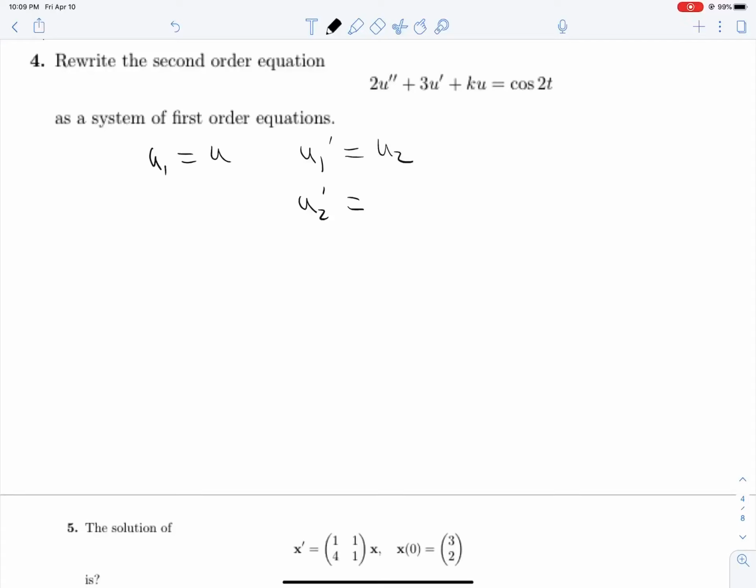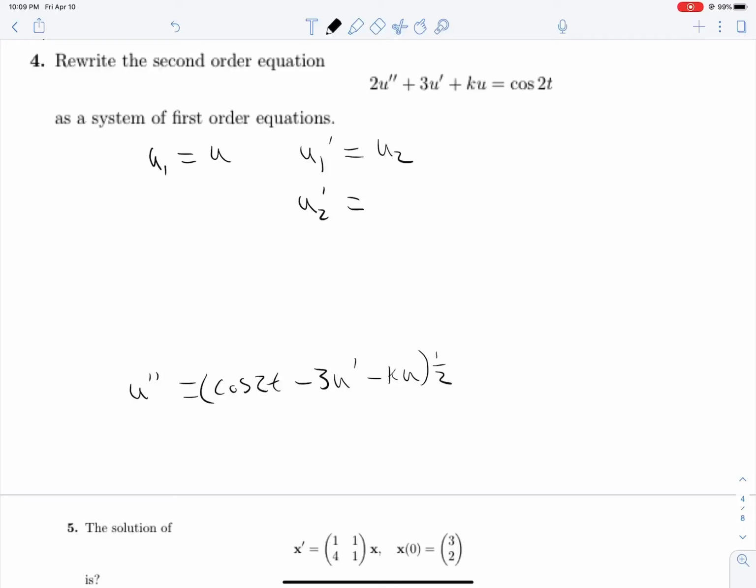So we can rearrange this to say 2u double prime is equal to cosine of 2t minus 3u prime minus ku. And then dividing everything by 2, we have things in terms of u double prime, which in our system up here is u2 prime.